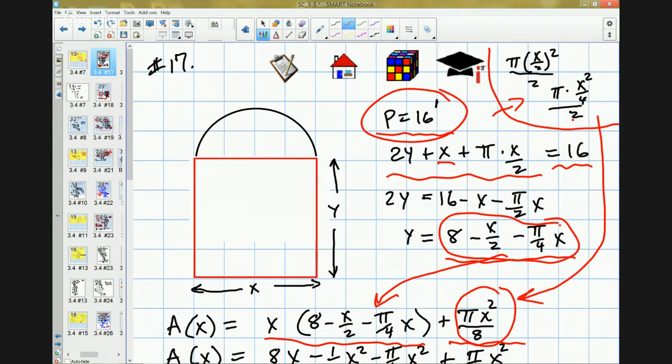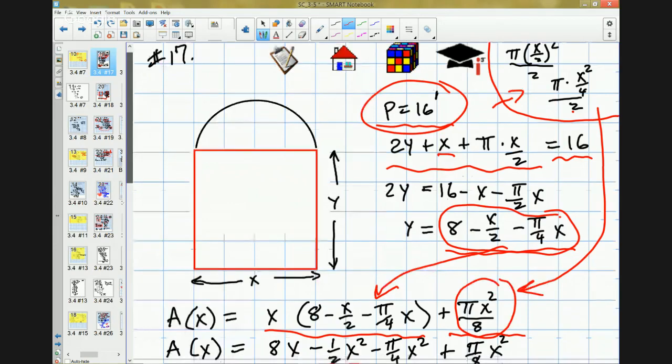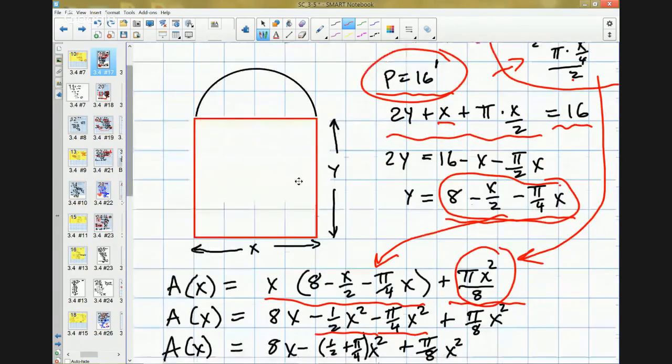Now it's time to get the area of the window, because that was the problem's mission, to maximize the area. Okay, so you can see I'm starting to write this expression. So how does one find the area of a Norman window? Well, you take the area of the rectangle plus the area of the semicircle, right?